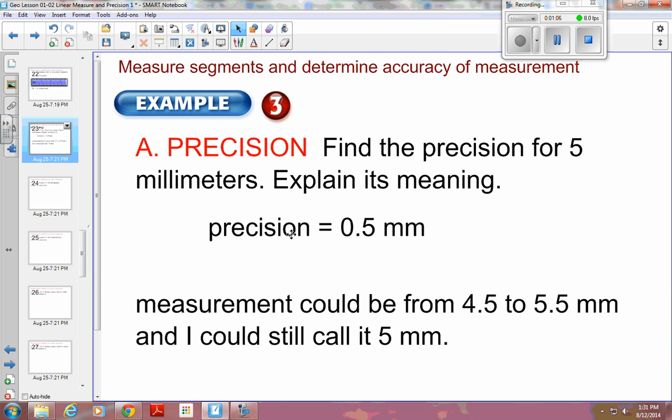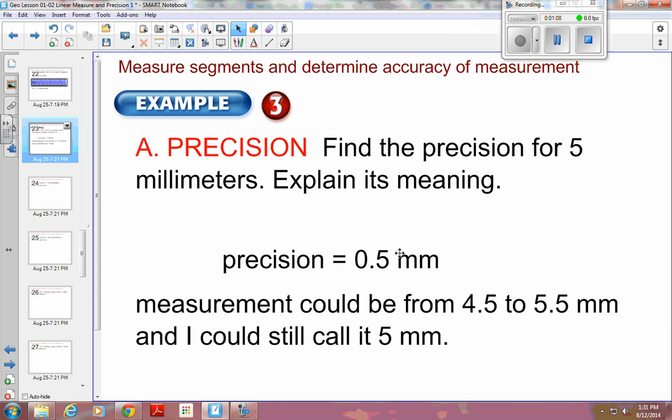So that is the meaning. So precision, half of the millimeter, because I'm measuring to my nearest millimeter, and half a millimeter means I would be down a half from this. So 5 minus 0.5 is 4.5, and 5 plus 0.5 is 5.5.